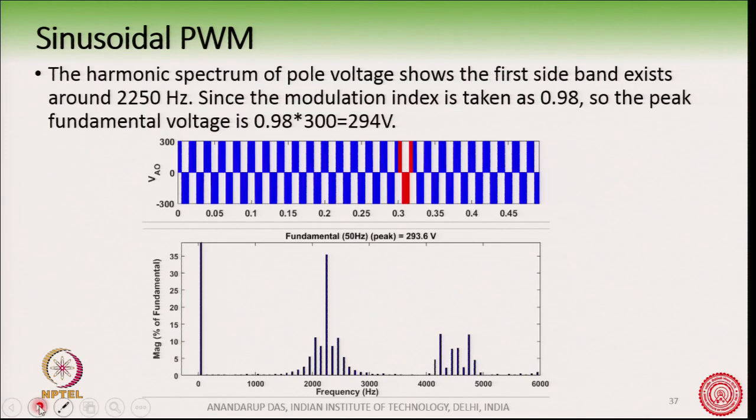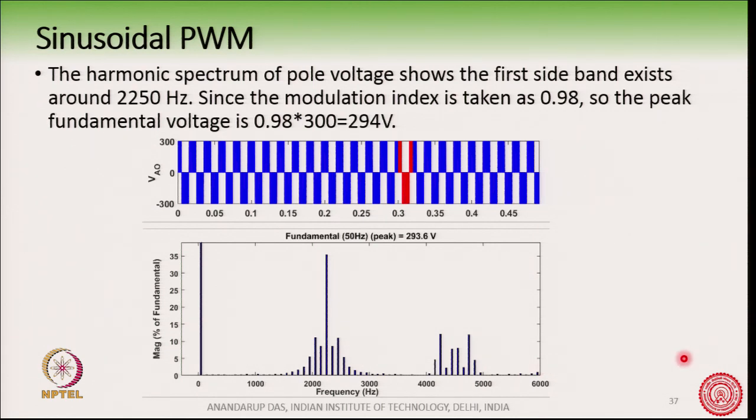Now, if you do the harmonic analysis of the pole voltage, you see the first band of harmonics reside around 2250 hertz, which is 45 times the fundamental, and this is what is expected. The harmonics reside around the carrier frequency, whereas the second band exists around 4500 hertz and the third band will reside around 6750 hertz and so on.